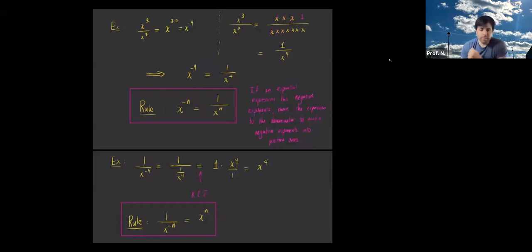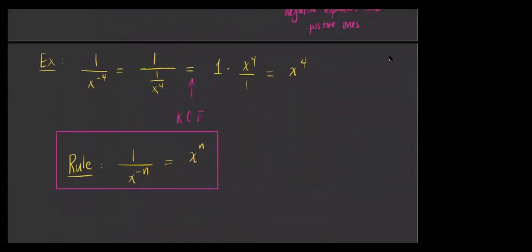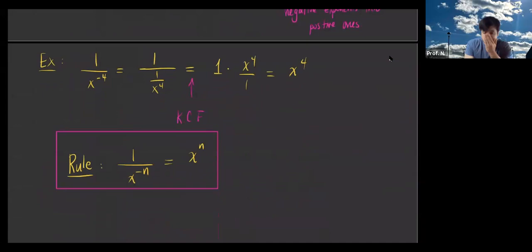Part of the simplification process is to make all the negative exponents positive. So sure, you're right, you can just leave it like this technically, but we want to make these all positive exponents. That's going to be our goal. And then eventually we're going to have negative exponents in the denominator, and we want to make those positive as well.